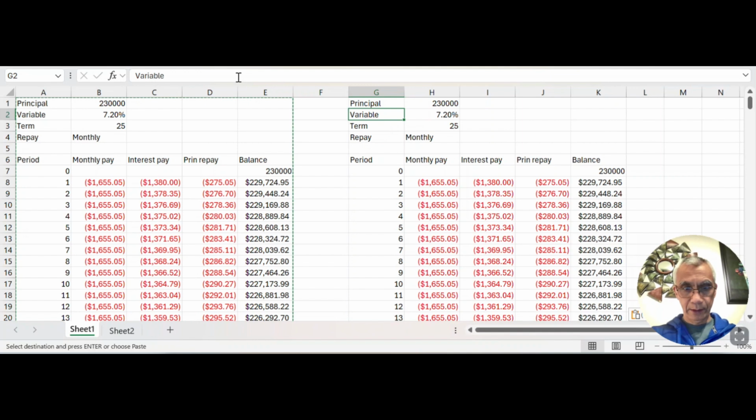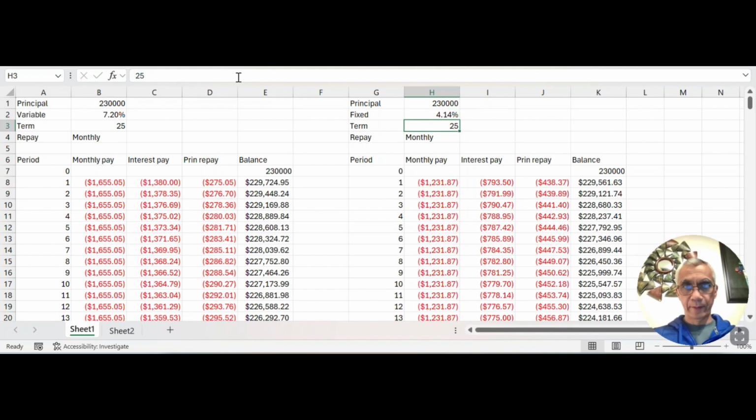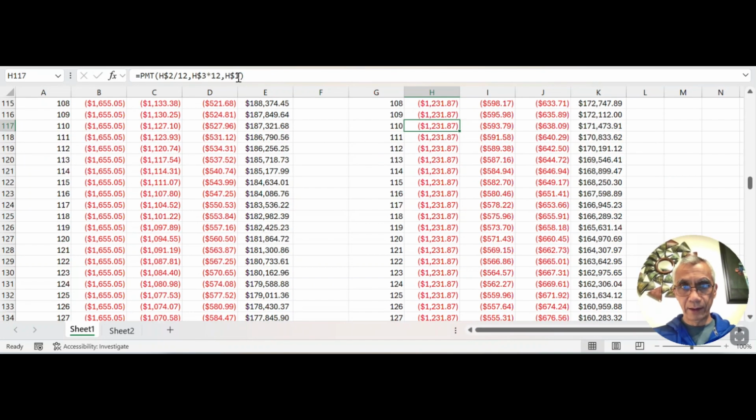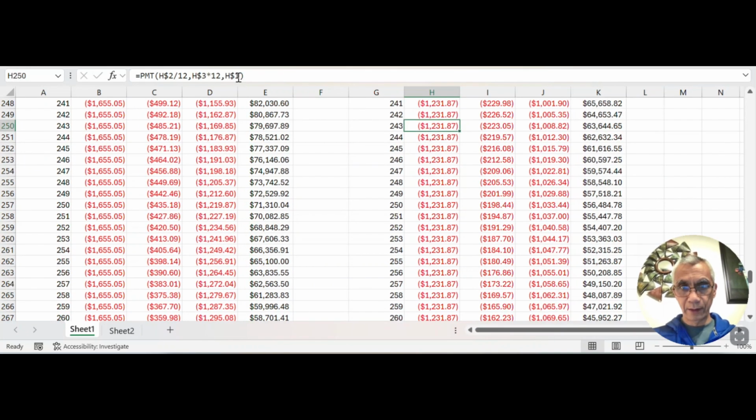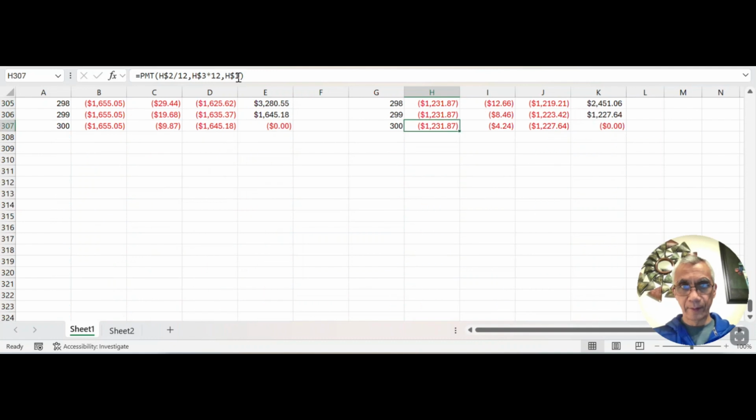Okay, let's change this, the code is fixed. And then we put 4.14 is the interest now. Yeah, automatically changed. So let us verify if that got repaid in 300 months. There you go, 0. All right.